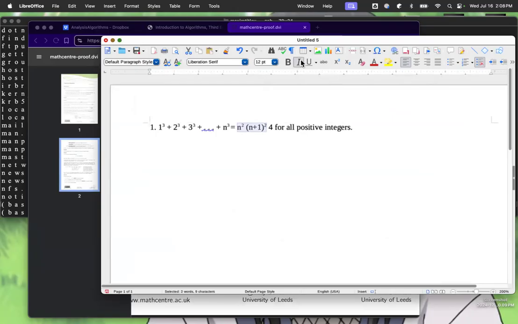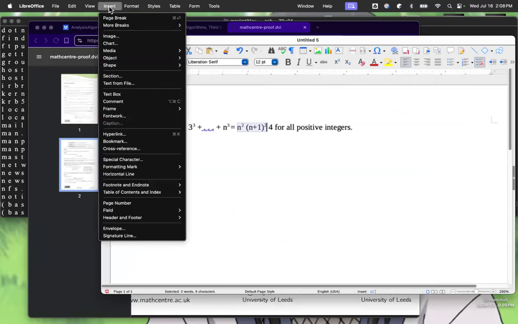Let me just see if I can use my equation editor for this. There should be 1, but if not, that's kind of okay.